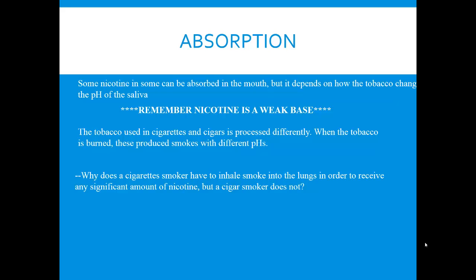Before I start this discussion, one of the things that you want to keep in the back of your mind is that nicotine is a weak base, and you want to keep in mind the principles of ionization that we talked about from chapter 1. So why does a cigarette smoker have to inhale smoke into the lungs in order to receive nicotine, but the cigar smoker does not?